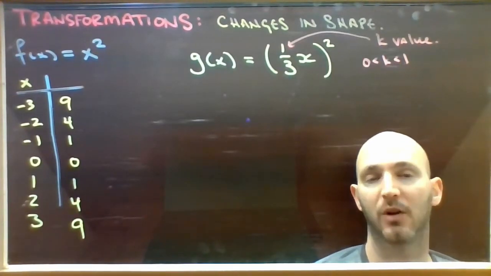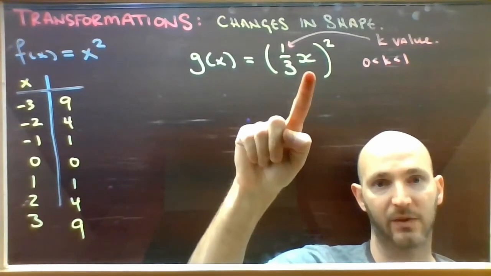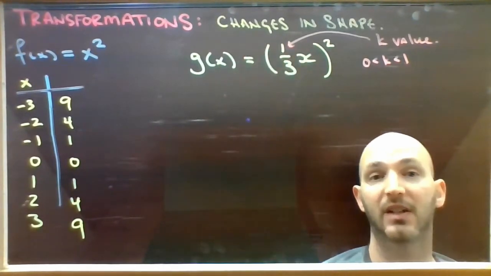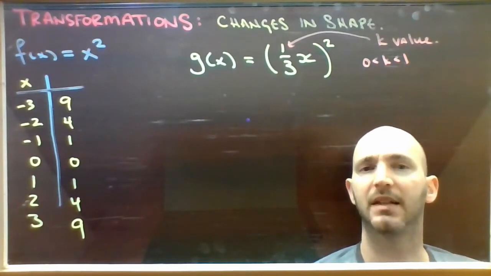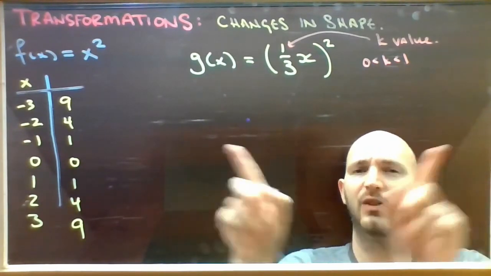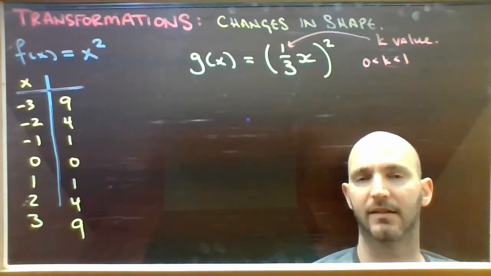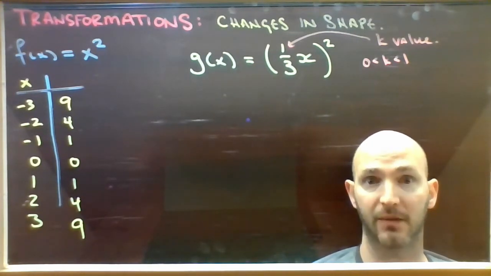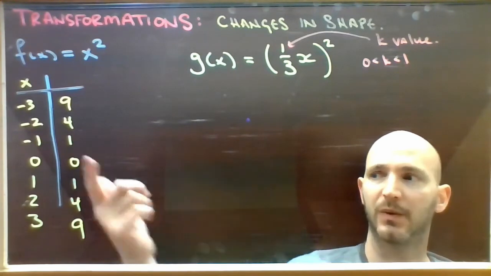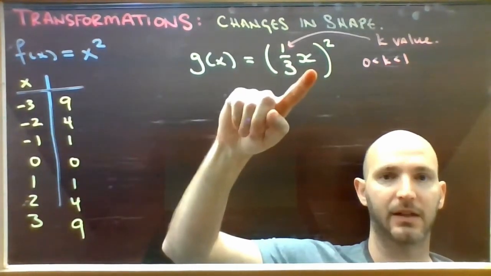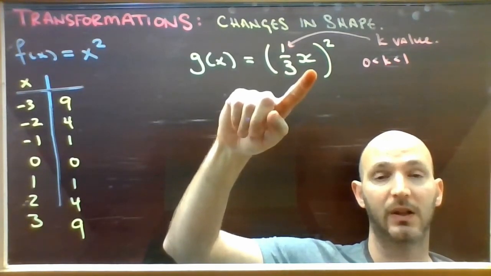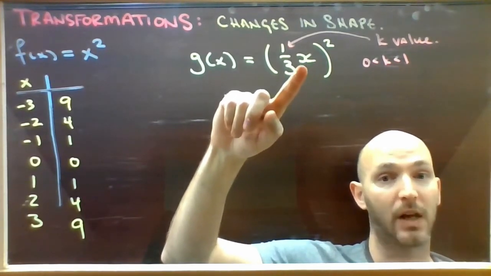So the way to interpret that is that your x values, before I get to square them, I have to cut them in 3. So I've already limited their effectiveness, which means I have to go further out the axis in order to get the same punch from my function. So this -3, if I pop a -3 in here, the first thing I have to do is divide it by 3, and I get -1.